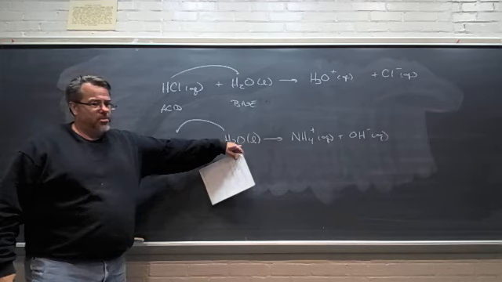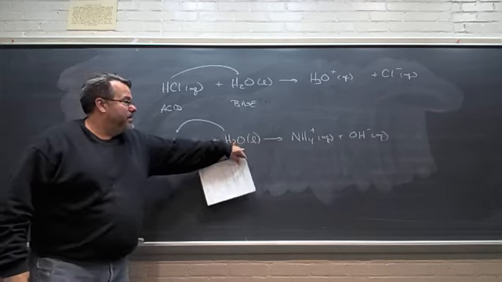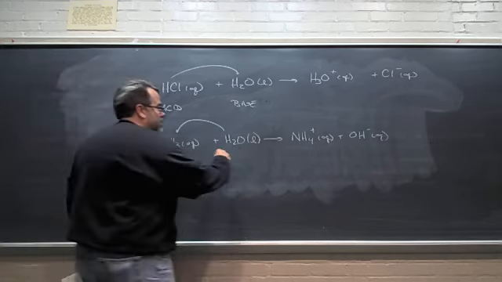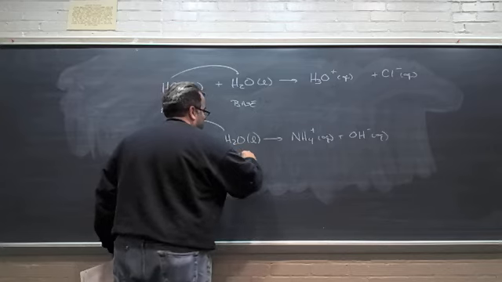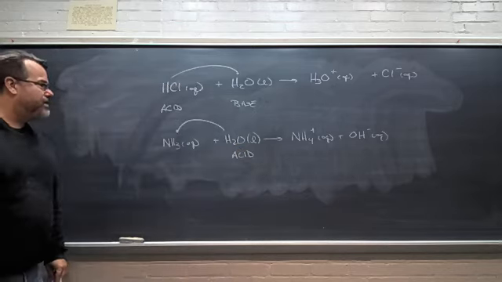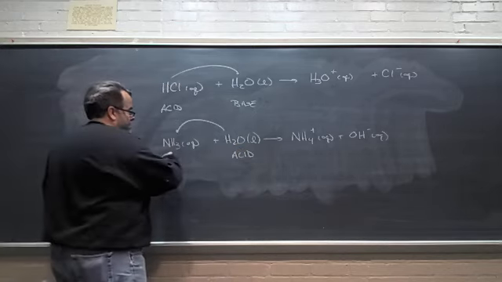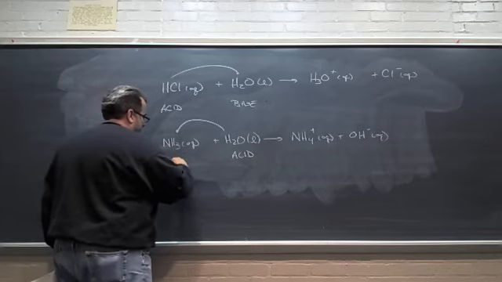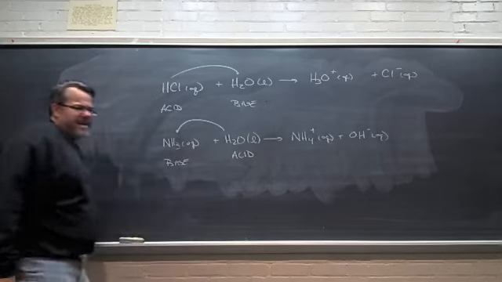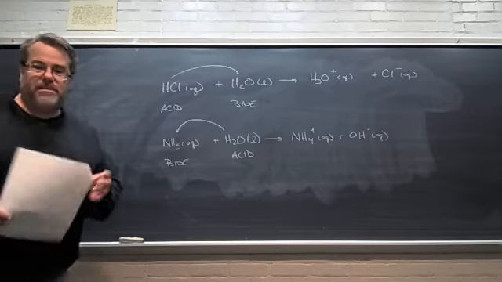And so in this case, the water is acting as a proton donor. It's giving a proton to the ammonia. So in this case, water is acting as a Bronsted-Lewis acid, and the ammonia is acting as a Bronsted-Lewis base. Okay.